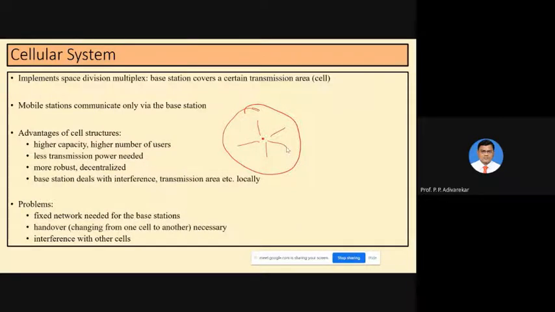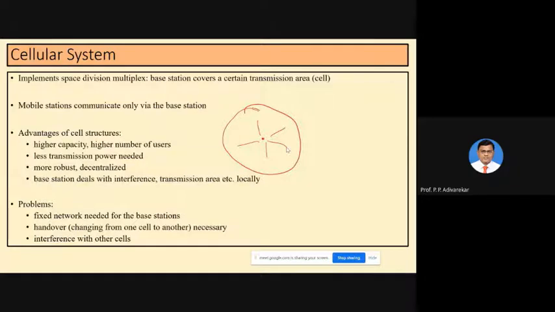Now in mobile communication, to enable communication between two parties or multiple parties, all users must be provided with electromagnetic radiation, that means range. That is, the frequencies must be made available to them. So there is a large area that has to be covered.